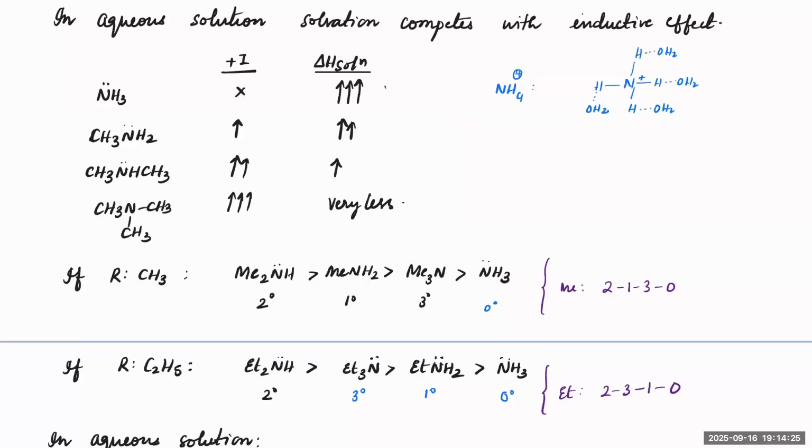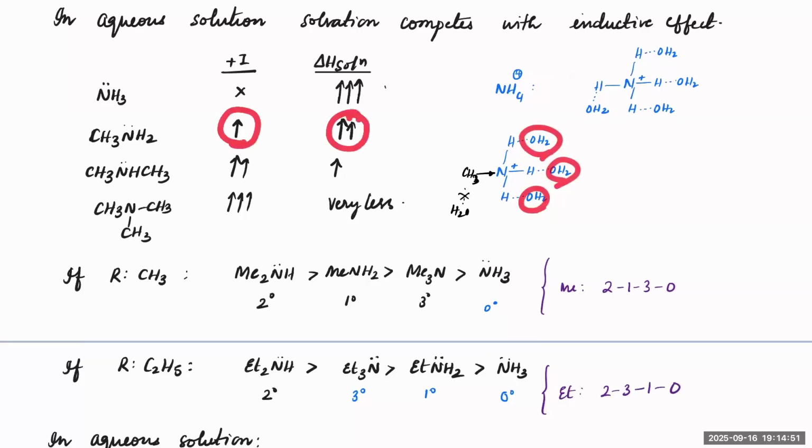But as the methyl keeps growing, suppose in this same structure one hydrogen is replaced by methyl. As soon as I put methyl here, it will show plus I effect, but there is no hydrogen bonding here anymore. So hydrogen bonding decreased, which means solvation decreased, while plus I slowly increased.